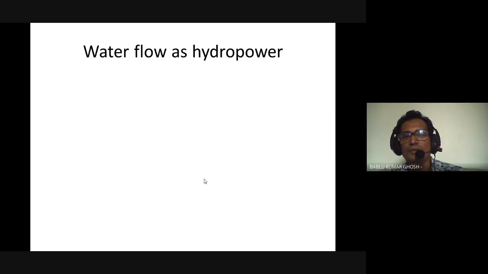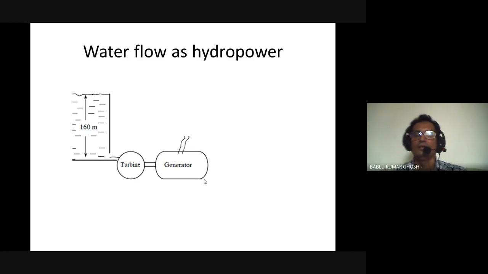Then if we consider water flow as a hydropower system, this one is what? Say we have a dam built that can raise the water level to 160 meters height.